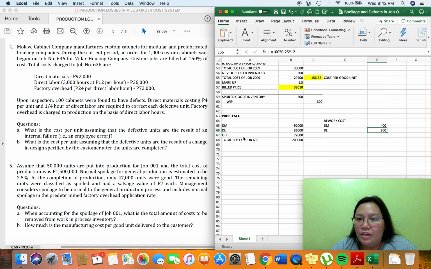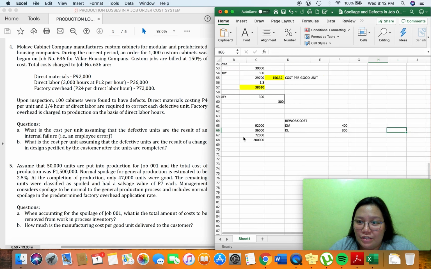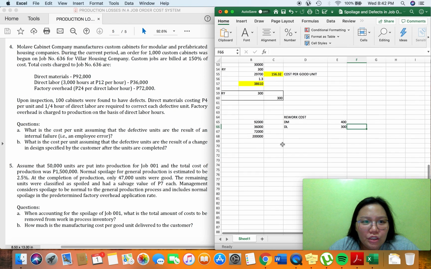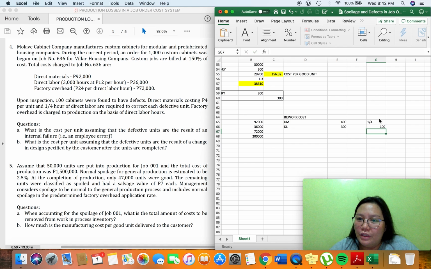We'll get 300. So again, how did I arrive at 25 hours? It was mentioned in the problem that you need 1/4 hour of direct labor for every defective unit. So if that is the case, syempre you need to rework 100 units, and therefore 1/4 hour multiplied by 100.